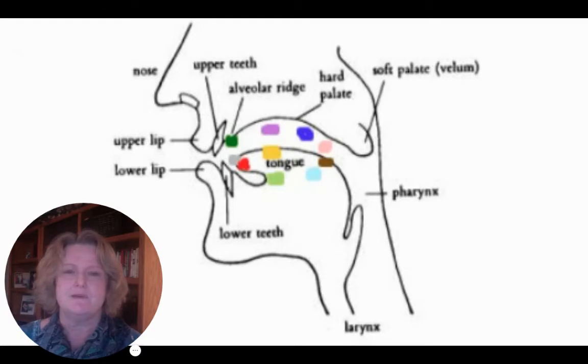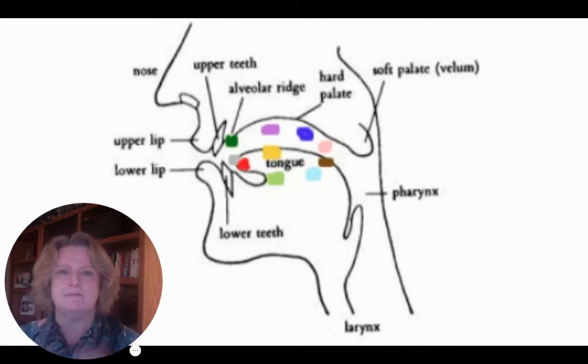Now, if I want to make red, my tongue is going to be further to the front, but kind of in the middle as far as up and down. If I want to make brown, my tongue is going to be further back, and it's also going to be changing, or moving, you could say, ow.